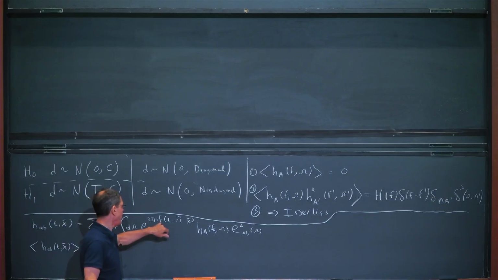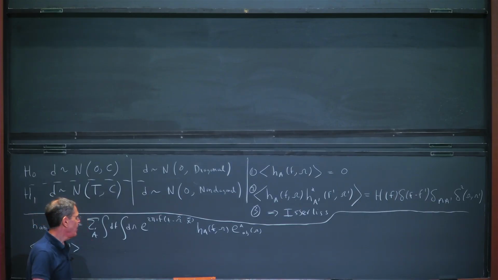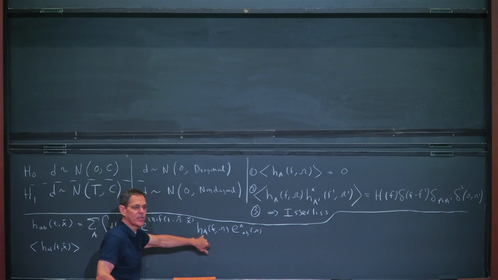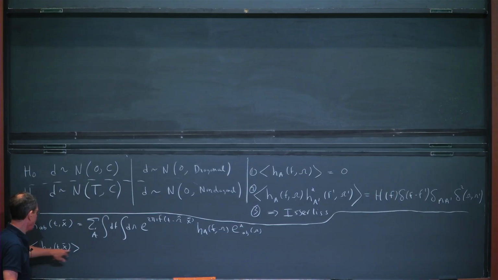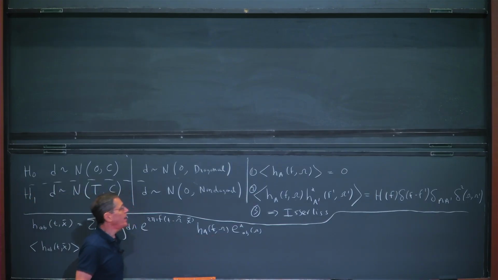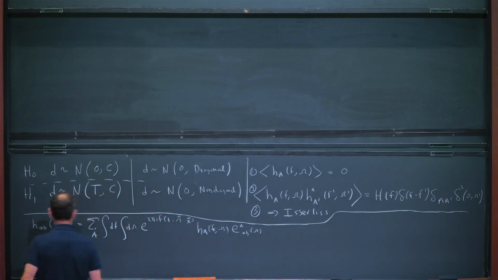For example, the value of t and x at any given point, we pick the same point in every universe. The only thing that changes from one universe to the next is this h here. And so I'm perfectly justified in moving these expectation values around that h. And as I wrote down somewhere, the expected value of that is 0. So we conclude immediately the expected value of h_AB is 0. That was easy.